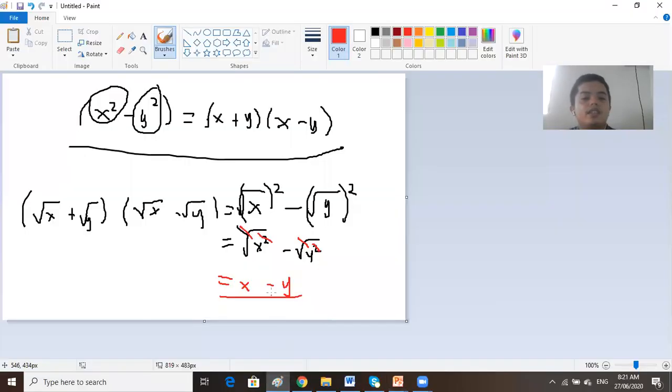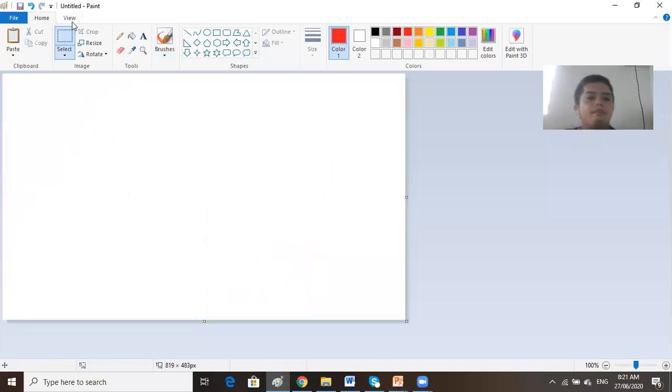So in short, if you have this example, square root of 3 plus 2 square root of 3 minus square root of 2 plus 5 square root of 2.